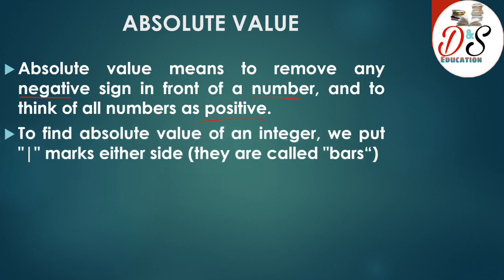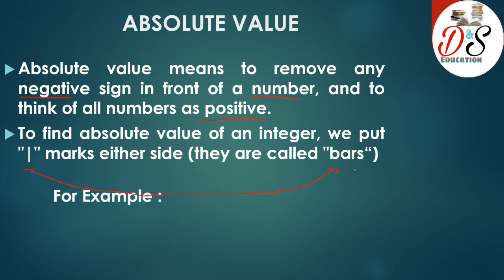To find the absolute value of an integer, we put this symbol on either side, meaning the left-hand side and the right-hand side. This symbol is known as a bar.